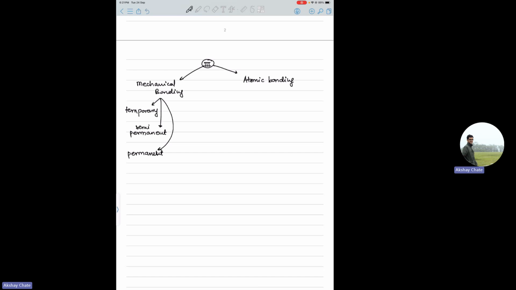You know this solid state. Okay, so this permanent I should have written here only.